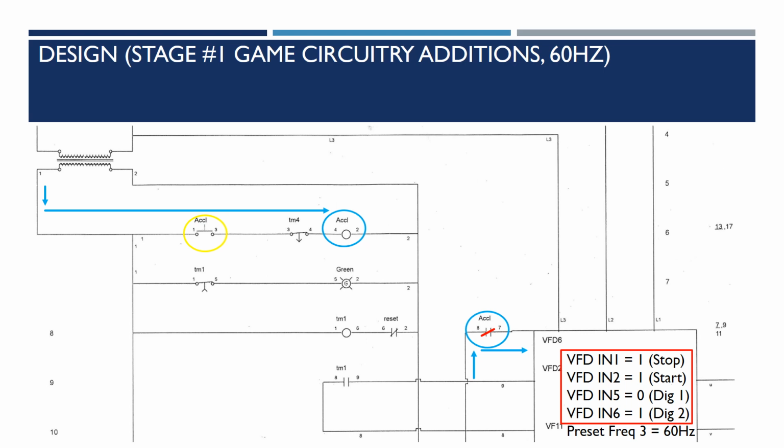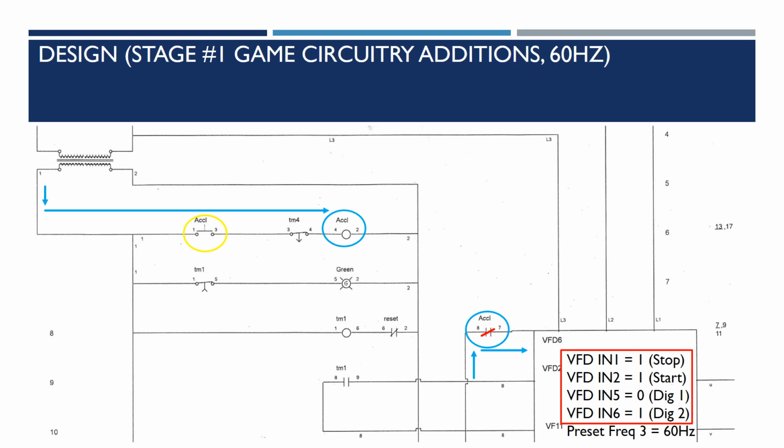Keep in mind that at any point, as long as you're holding the button, we will continue to operate at 60 hertz regardless of the color of the light. However, if you do let the button go, it will simply de-energize the accelerator coil. The normally open contact will go back to its original state, and we will begin to operate at whatever frequency corresponds with the particular light that you're at the moment.